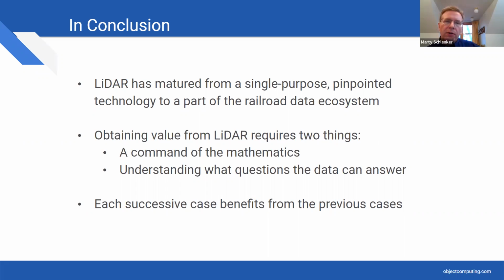So, all right, in order to derive this value, you need really two things, right? So you need to understand the nuances of the collection system, the GPS environment in which the collection exists, how to fuse the sensors and augment your GPS with inertial measurement units.